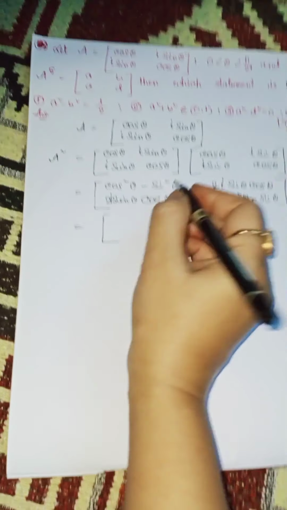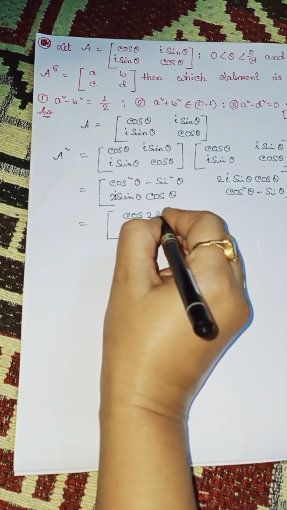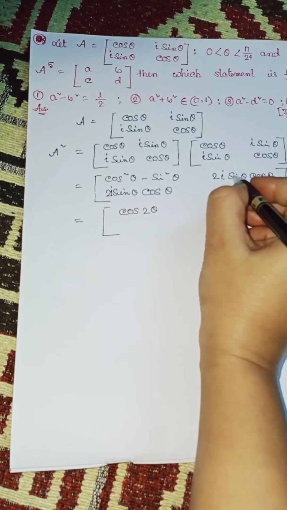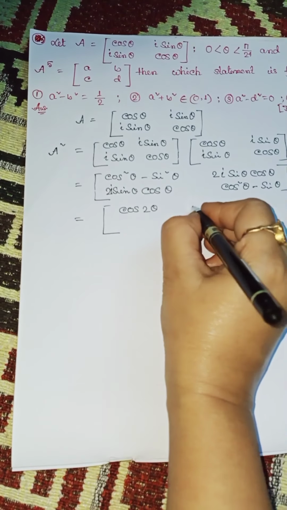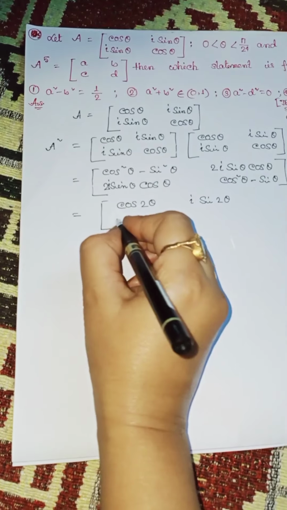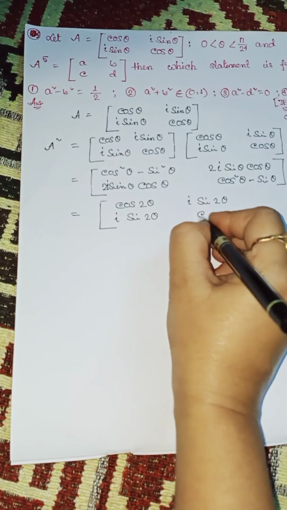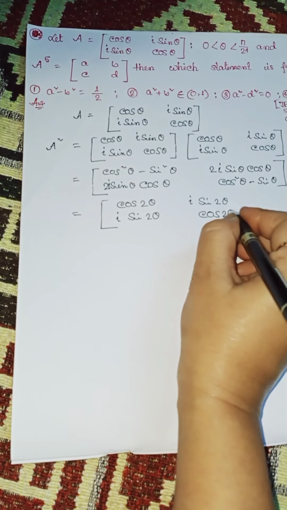Now cos square theta minus sin square theta is equal to cos of 2 theta. It is i into 2 sin theta cos theta, means i into sin of 2 theta. So A square is cos 2 theta, i sin 2 theta, i sin 2 theta, cos 2 theta.